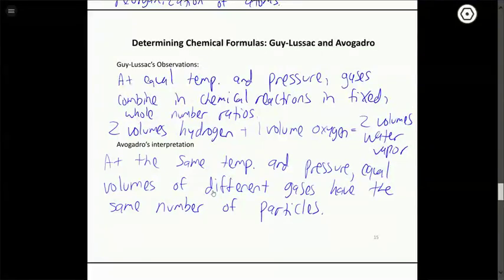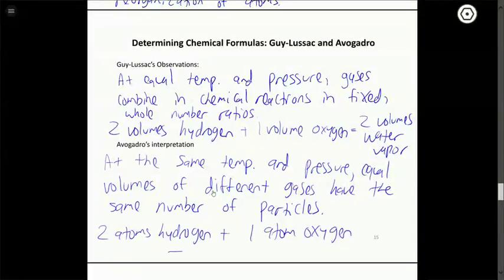All right, so what that led to was the idea that this macroscopic observation, 2 volumes of hydrogen, 1 volume of oxygen making 2 volumes of water vapor, could also be thought of at the atomic level as 2 atoms of hydrogen combining with 1 atom of oxygen, and that gives us 2 molecules of water.